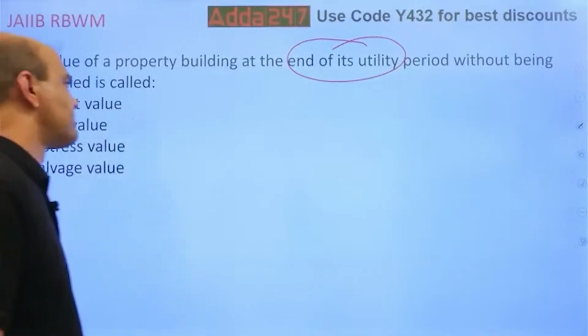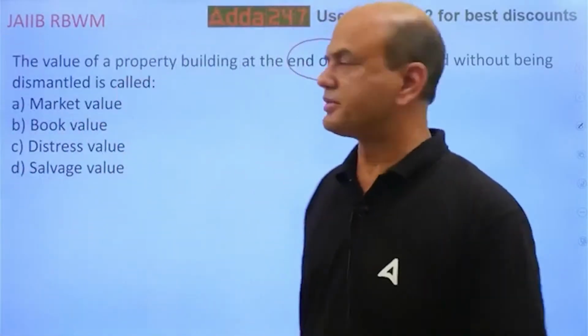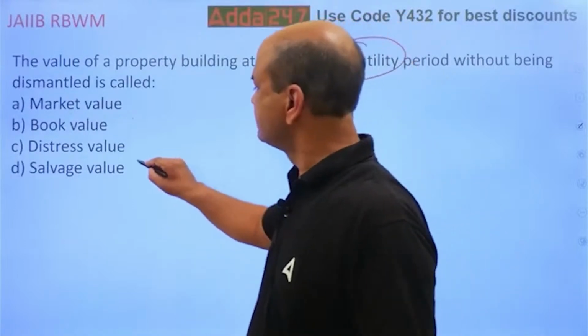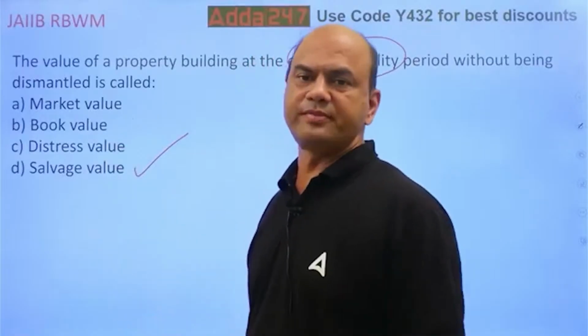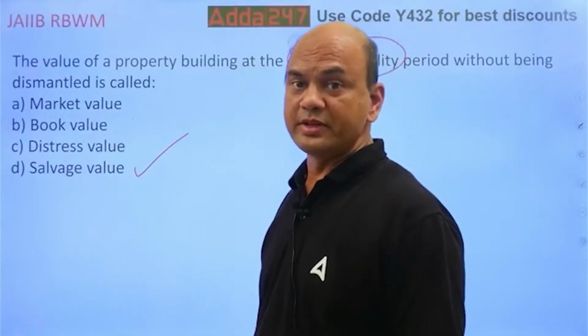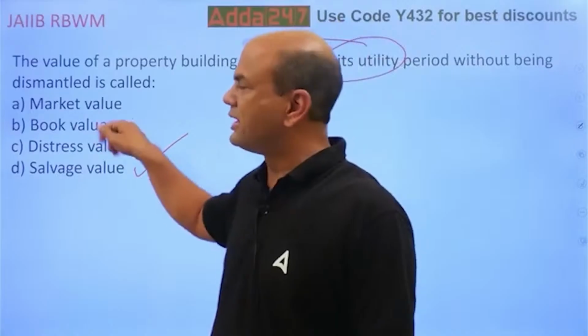Yes? Let me see in the comment section. The answer is salvage. Market, book, distress, salvage. Salvage value. Okay. What are remaining three?